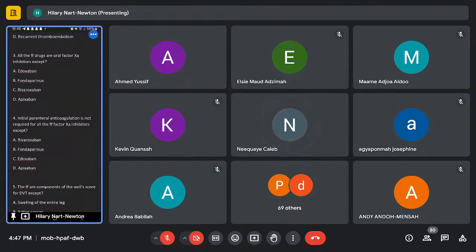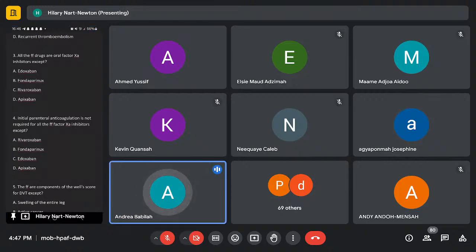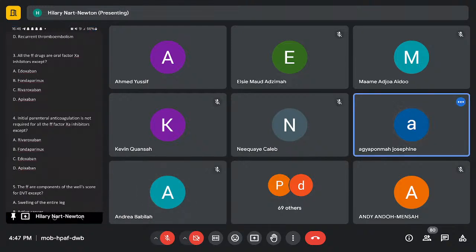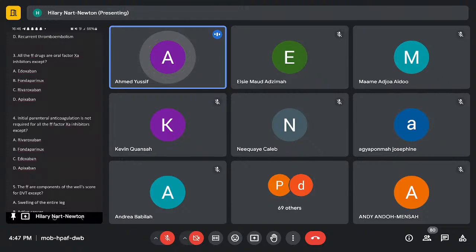C. Edoxaban. So with that one, you have to do a 5 to 10 day parenteral anticoagulation before you can start edoxaban. But the rest you can start straight away.